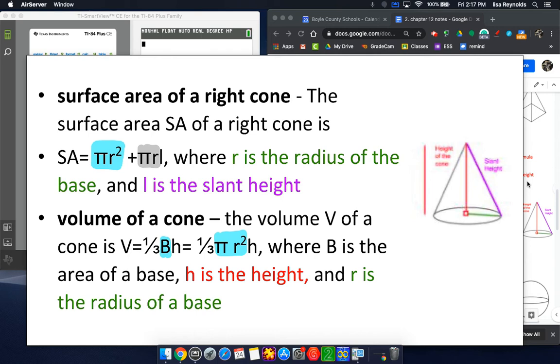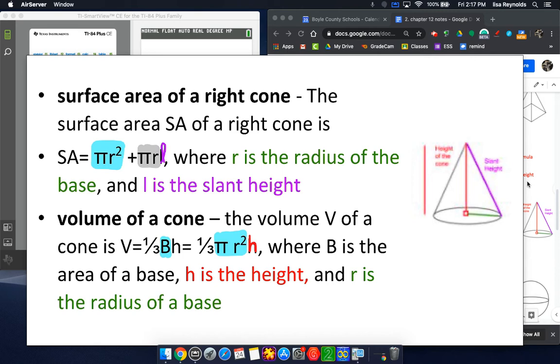And then you have to pay attention to the heights that you use. Remember that the surface area uses the slant height, and our volume formula uses our perpendicular height. So pay attention to which item you need.